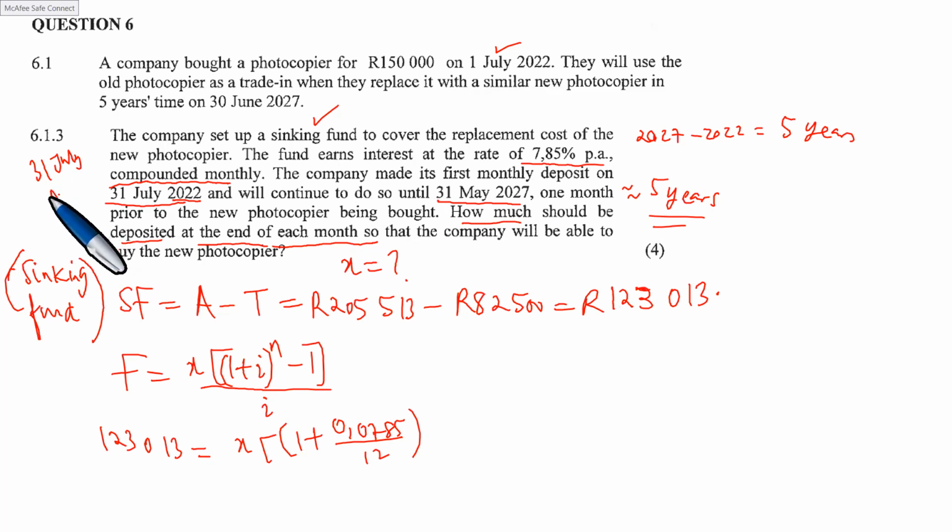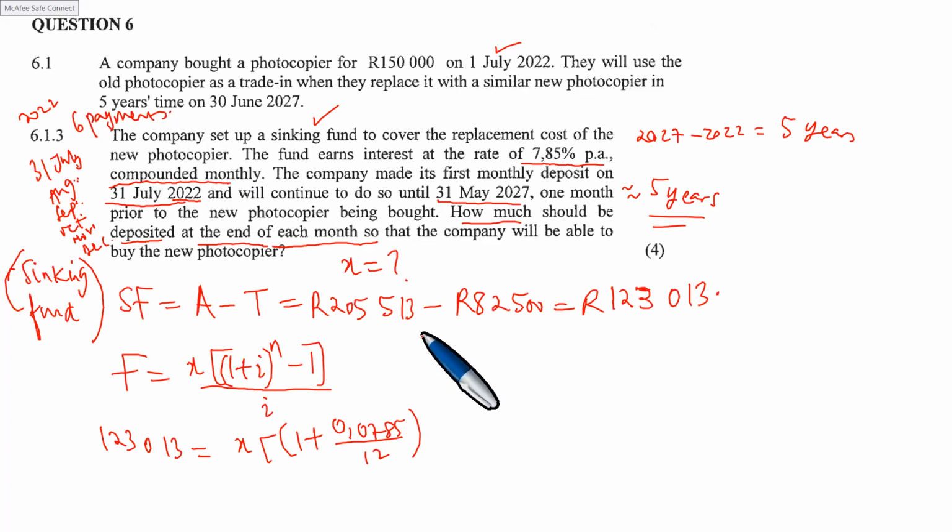So you have July, August, September, October, November, December. This is going to apply for the year 2022. So it's 1, 2, 3, 4, 5, 6. So it gives a total of 6 payments here.